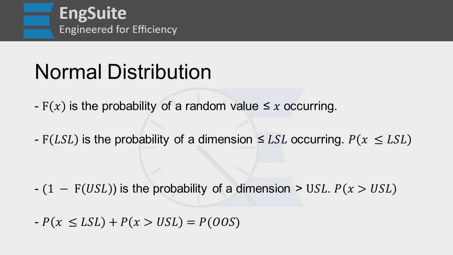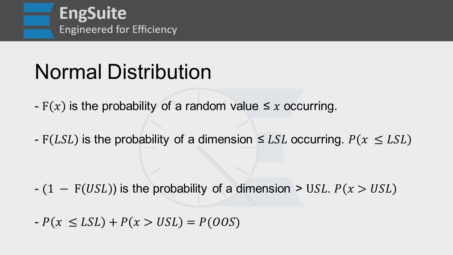And the probability of x greater than the upper spec limit is the probability of failing on the upper side of our tolerance. So if we add those two probabilities together, we get the probability of an out of spec condition. Okay, so now we know that if the data is normally distributed, we can use the cumulative distribution function of the normal distribution to calculate the probability of getting an out of spec condition.